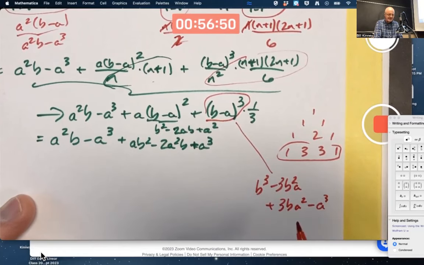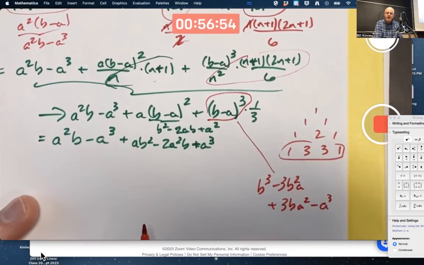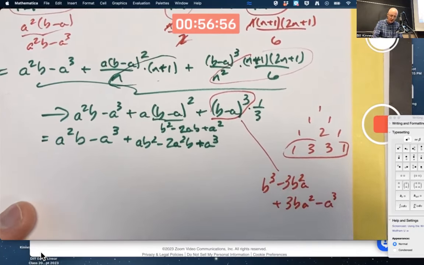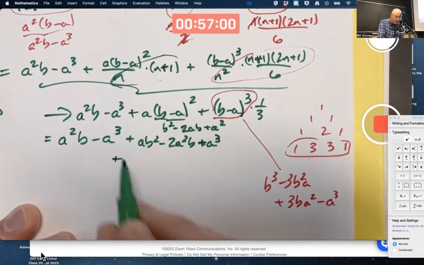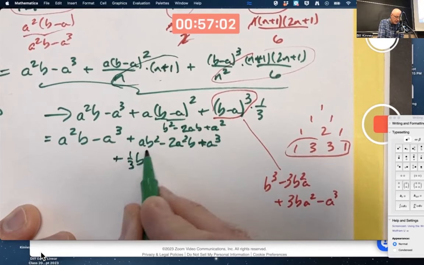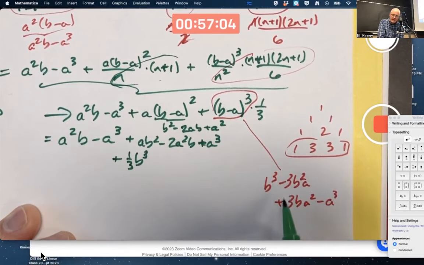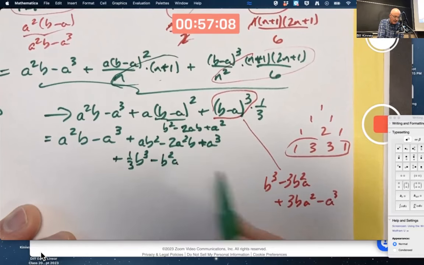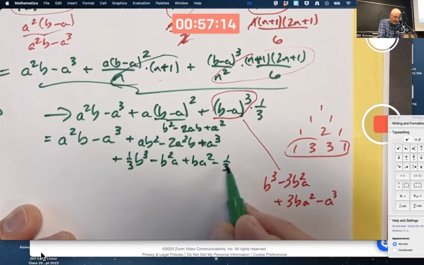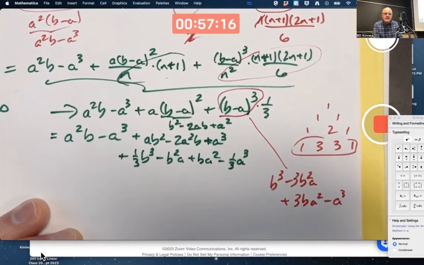You have to alternate the signs, plus, minus, because of the minus sign in there. And then I'm also multiplying that by 1/3. So I get plus 1/3 b cubed. The 3 and the 1/3 cancel, so I get a minus b squared a plus ba squared minus 1/3 a cubed. We're getting close.